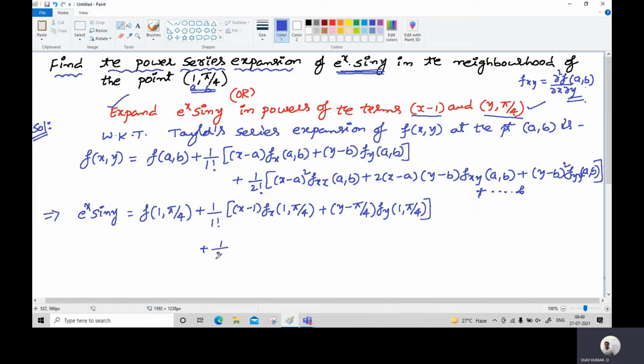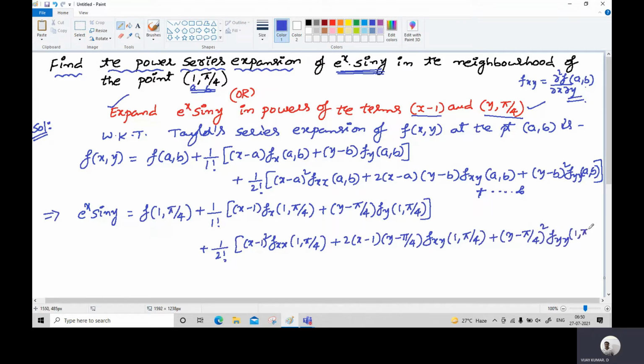That's why 1 by 2 factorial into x minus 1 whole square f double x at 1 comma pi by 4 plus 2 times of, and I am just replacing the a value and b value in the above formula, y minus pi by 4 into fxy at 1 comma pi by 4 plus y minus pi by 4 whole square times f double y at 1 comma pi by 4.